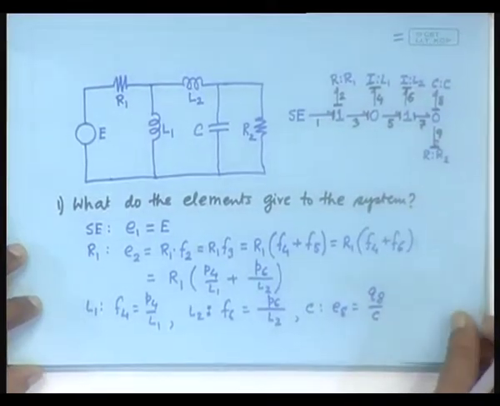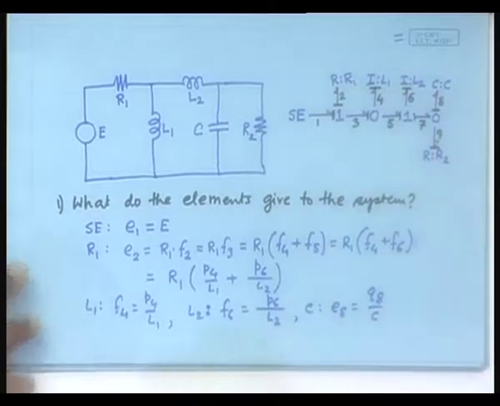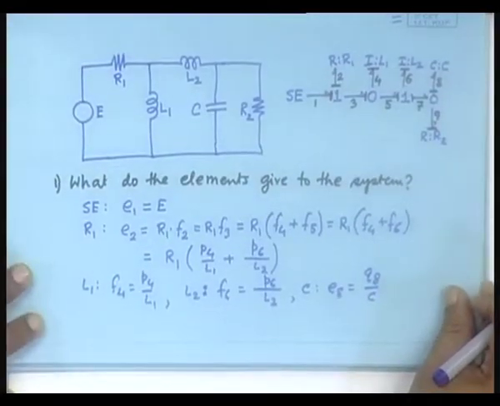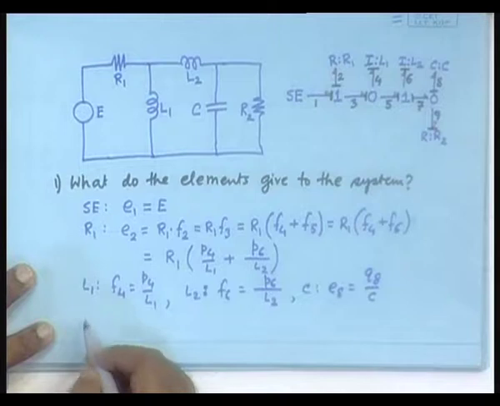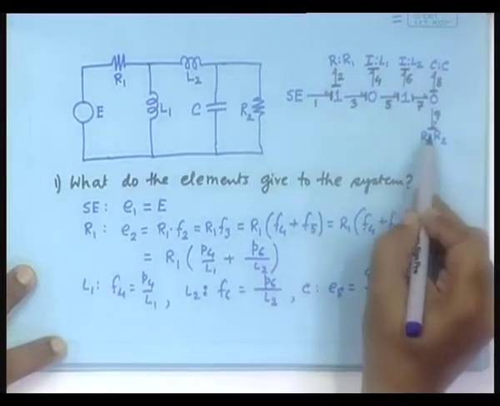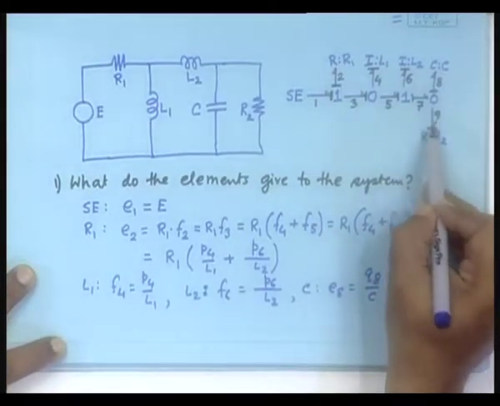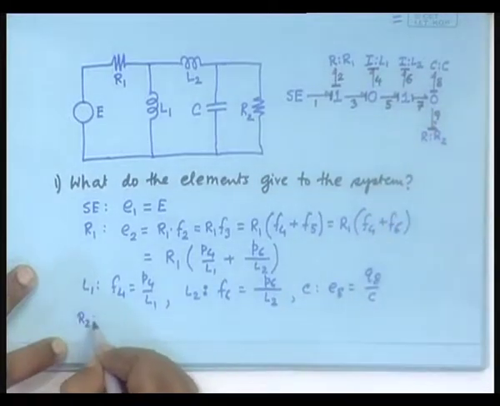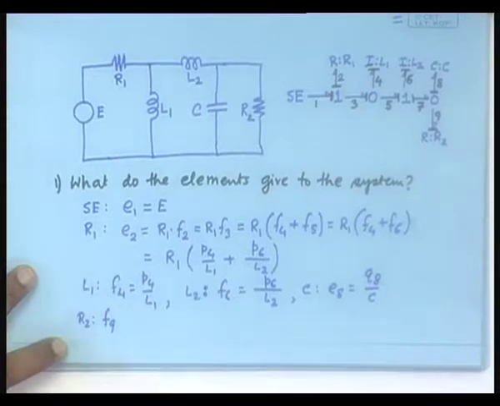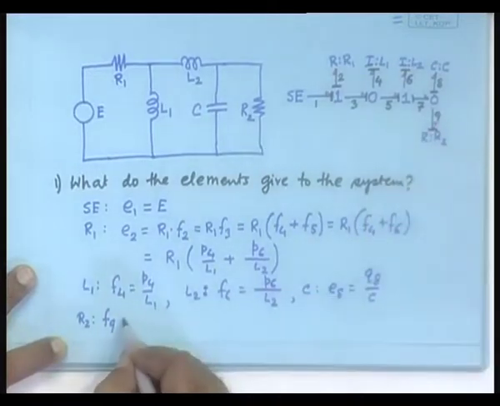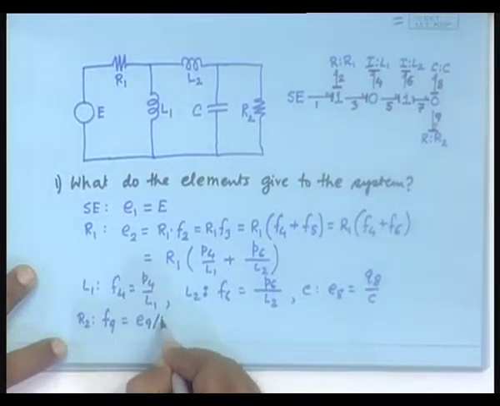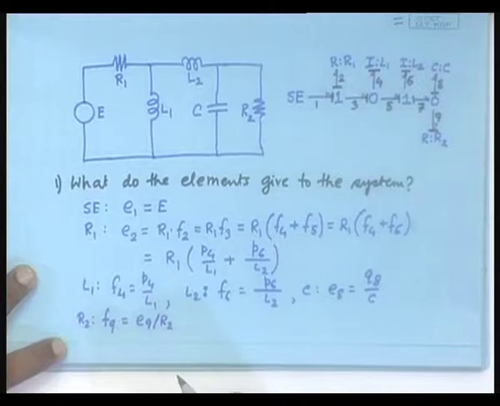Let us do that. See, is there space? I will push it a little up so that you can see. We can write here. R2, what does it give to the system? F9. So, R2, F9. F9 is E9 by R2. Fine.